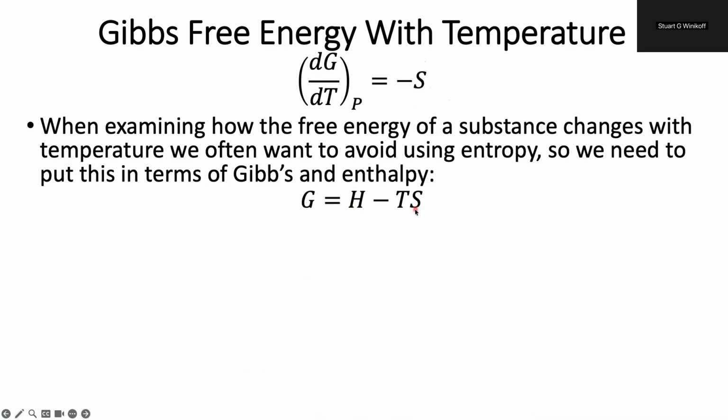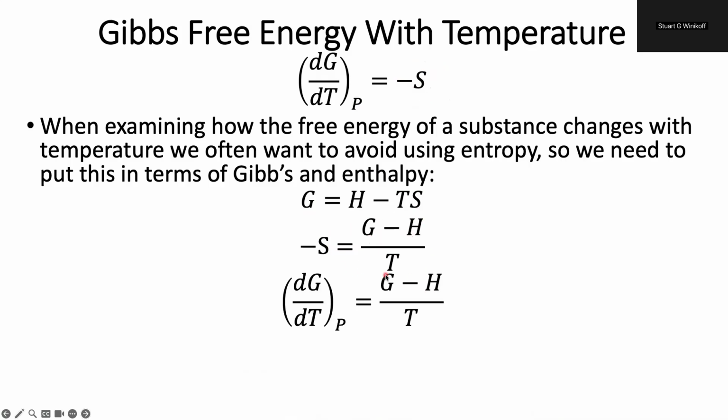So we can replace that entropy term, rearrange it, and find that this negative entropy is going to be the same as the difference between Gibbs, enthalpy, and temperature. So I can go ahead and substitute this ratio in for the temperature dependence of Gibbs.